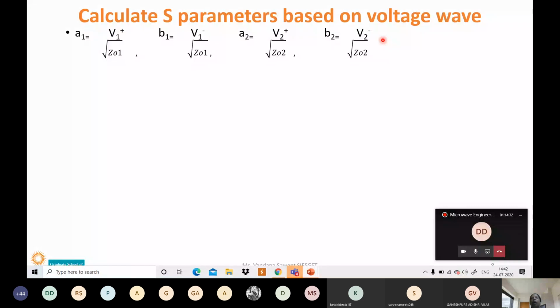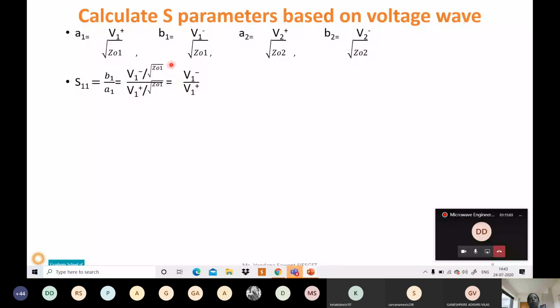Already you have written this formula for A1, B1, A2, B2 in your notebook. Then we will put the values of A1, B1 to calculate S11. S11 is equal to B1 upon A1. So A1 is what? A1 is V1 plus divided by under root of Z01. And what is B1? B1 is equal to V1 minus divided by under root of Z01.